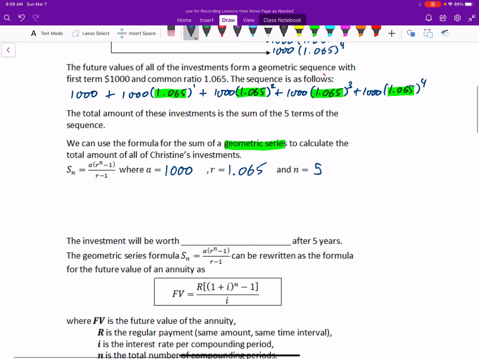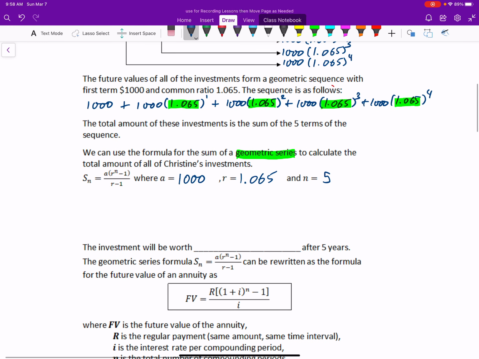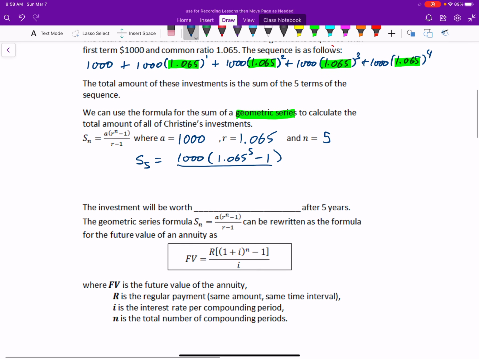So if I want to work out the sum of this series, I could do S sub 5, so the 5 investments, is equal to 1,000 times 1.065 to the exponent 5 minus 1, divided by 1.065 minus 1. So it's just going to end up being the 0.065.